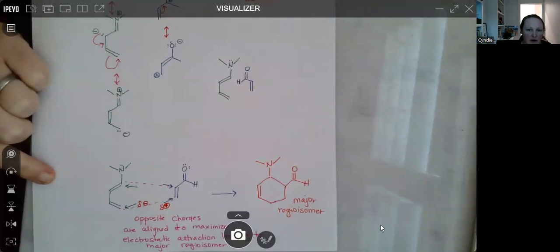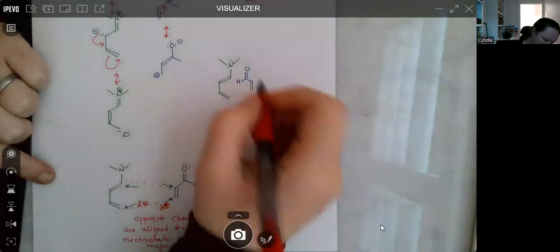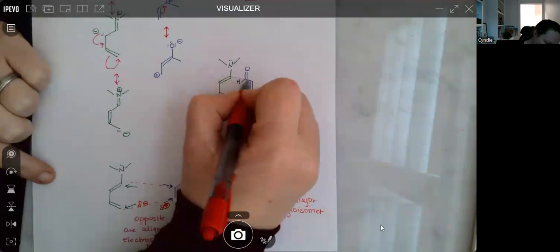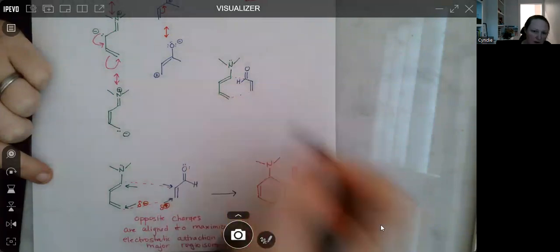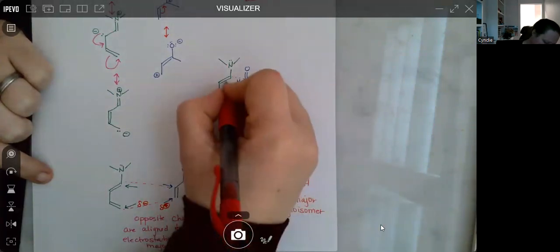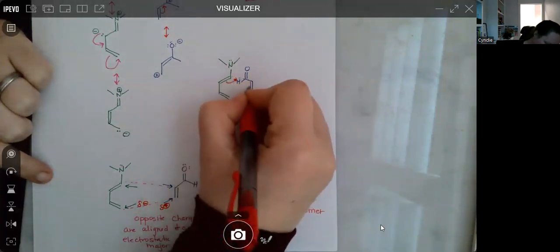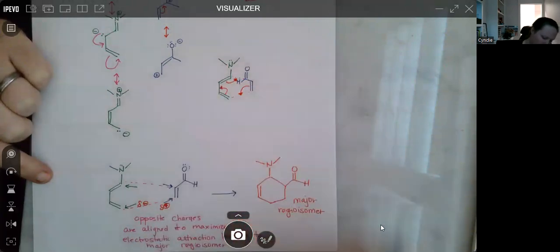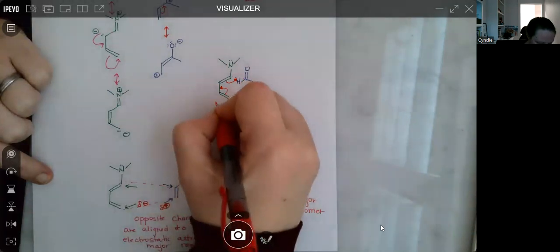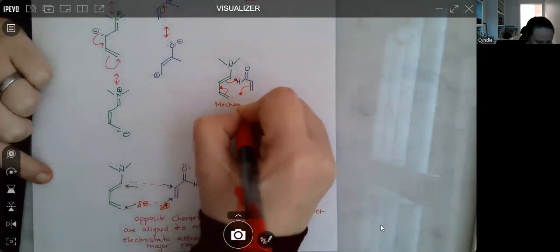And we want to show the mechanism, right? We're going to be forming bonds between those two sets of carbons. So we can just do a clockwise or counterclockwise shift of all the pi electrons. Okay, so this is the mechanism. It's one step.